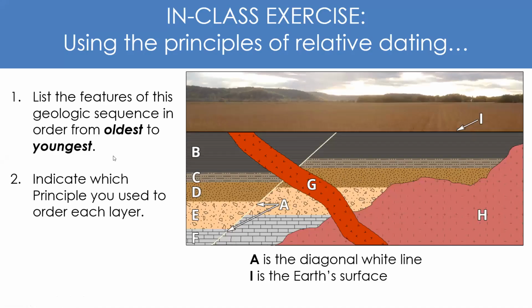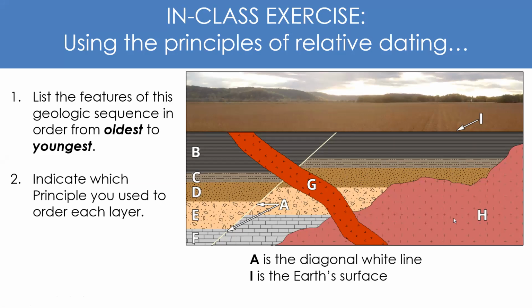Yeah, sure. So what I look for first is I usually go by which one is on the bottom, because that has to be one of the oldest. So since H is on the bottom, everything has to be layered on top of it. H has to be the oldest, right?